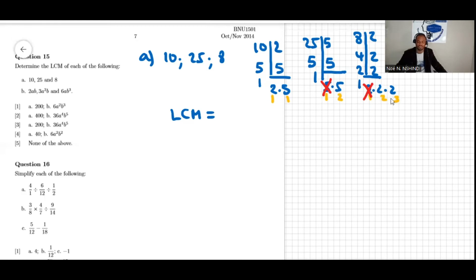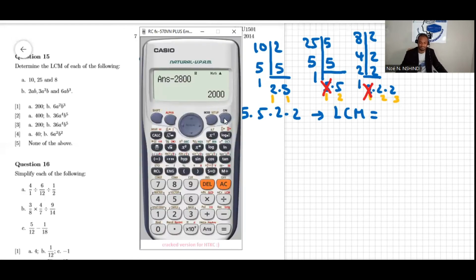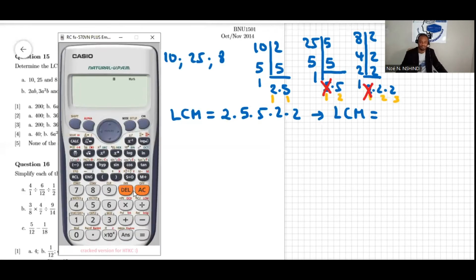and the only 2^2, and the only 2^3. So the LCM will be 2 times 5 times 5 times 2 times 2. And then this product, the LCM, you can use a calculator. You can do 2 times 5 times 5 times 2 times 2, and then hit equal.